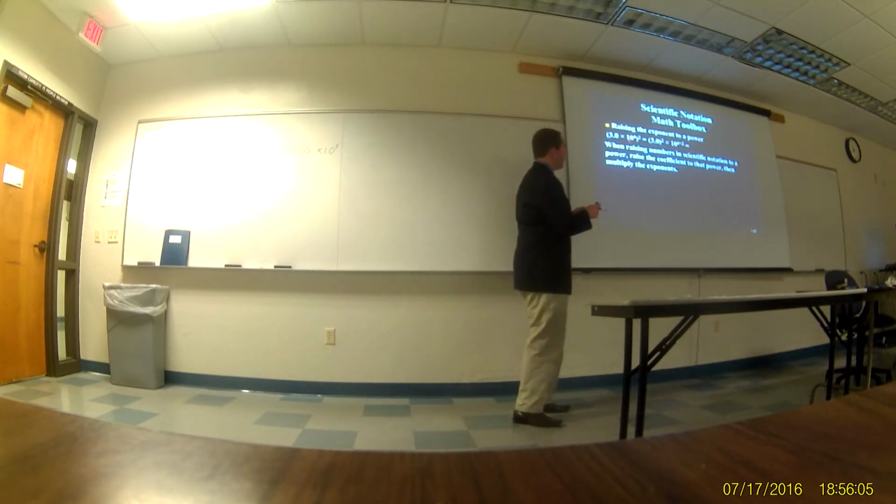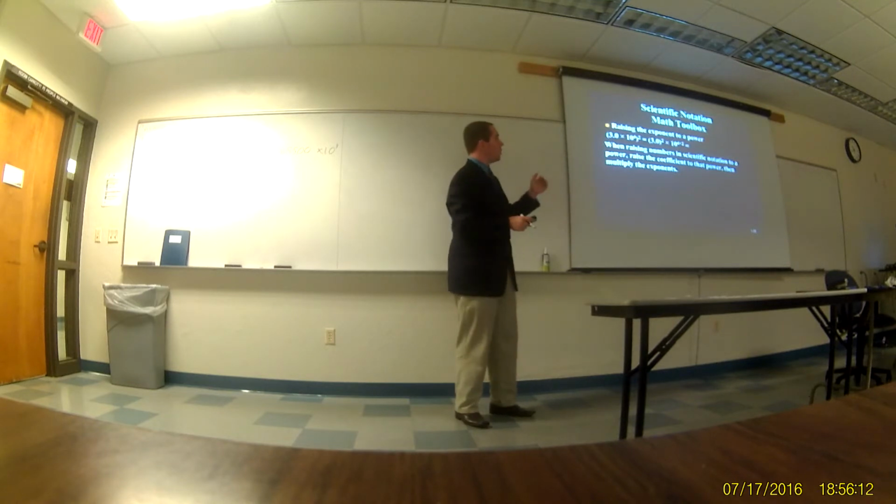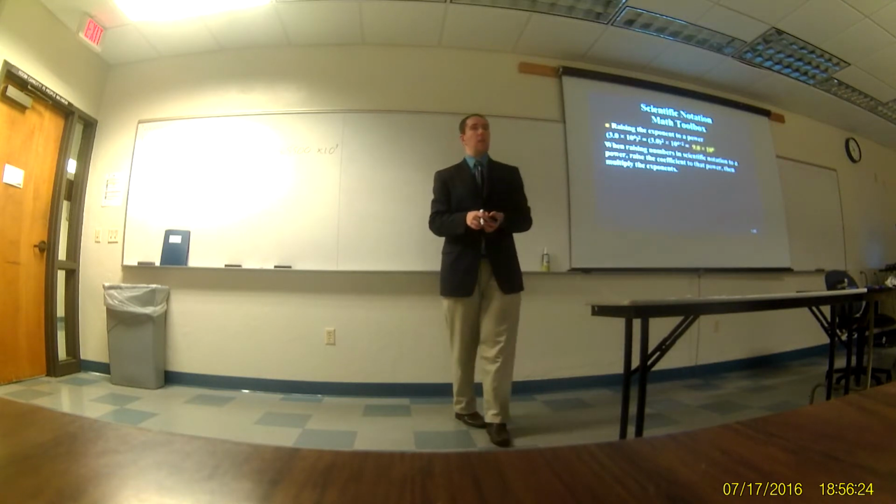Now we've got 10 to the 4th to the second. If you have an exponent to an exponent, you just multiply. So it becomes 10 to the 4 times 2. 4 times 2 is 8, so it's 9.0 times 10 to the 8.